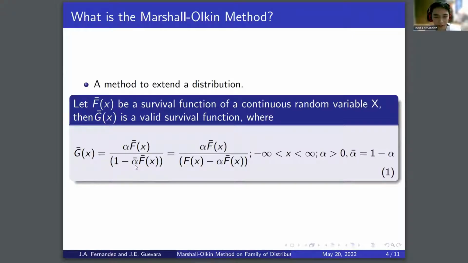We have G bar of x is equal to alpha F bar of x over 1 minus alpha bar F bar of x, where x is from negative to positive infinity, alpha greater than 0, and alpha bar is equal to 1 minus alpha. And if we substitute alpha bar for 1 minus alpha, we get this next equality. Also note that if alpha is equal to 1, then we are left with the same distribution since F bar would be equal to G bar.